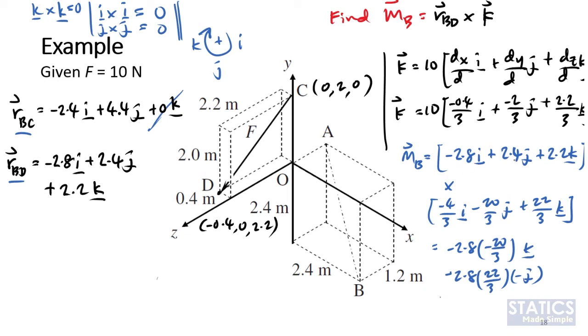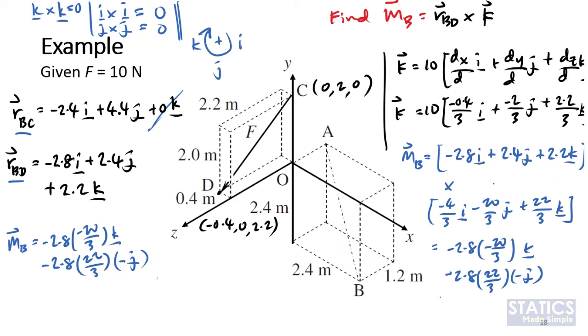Now we have done with i. Look at j. Not enough space here, okay, bring it here. So MB is equal to minus 2.8 times 20 over 3 k minus 2.8 times 22 over 3 minus j. Okay, this is for the i term, right?